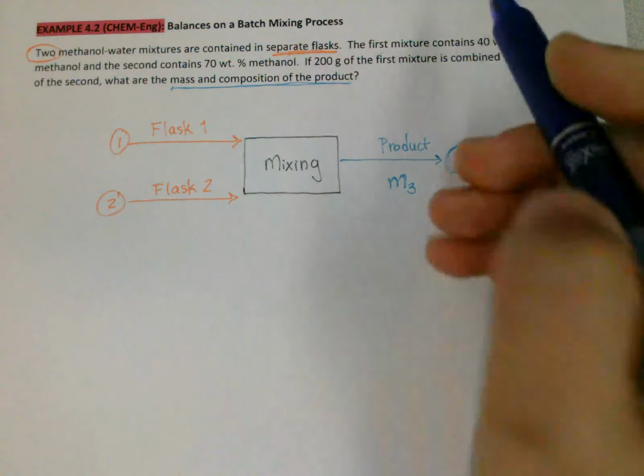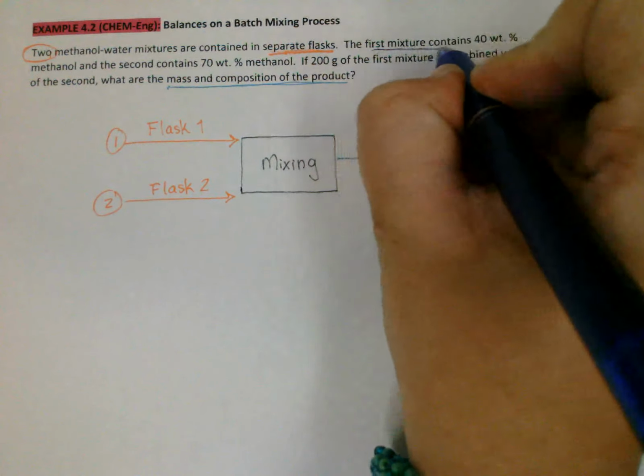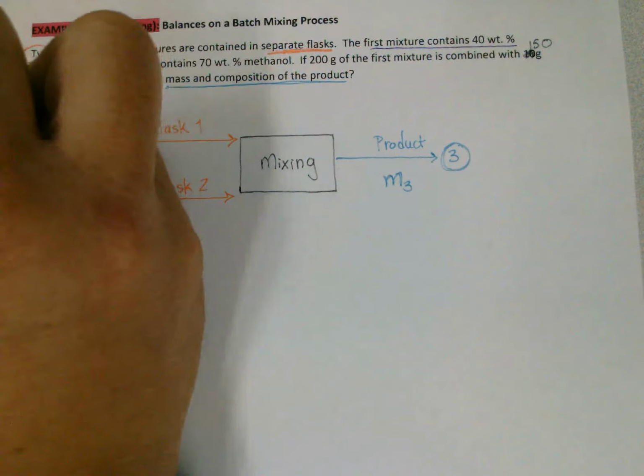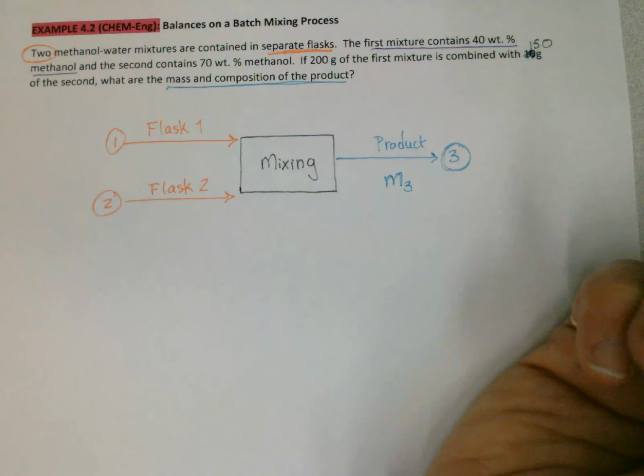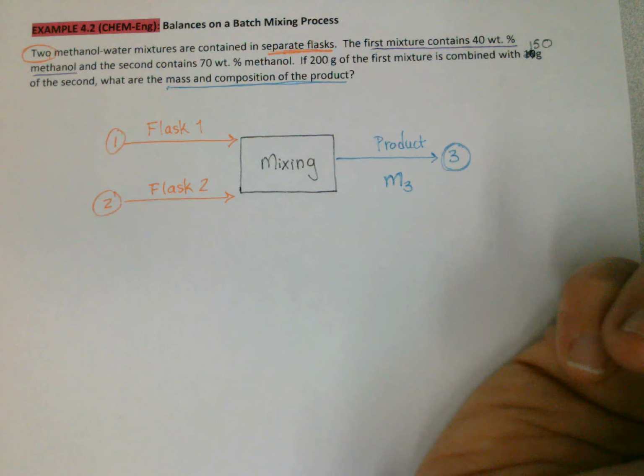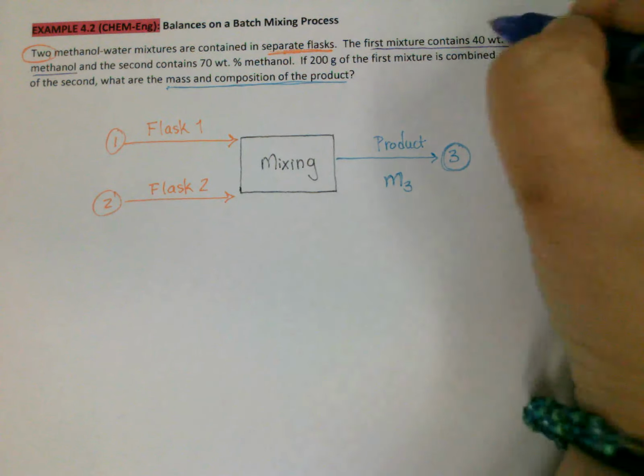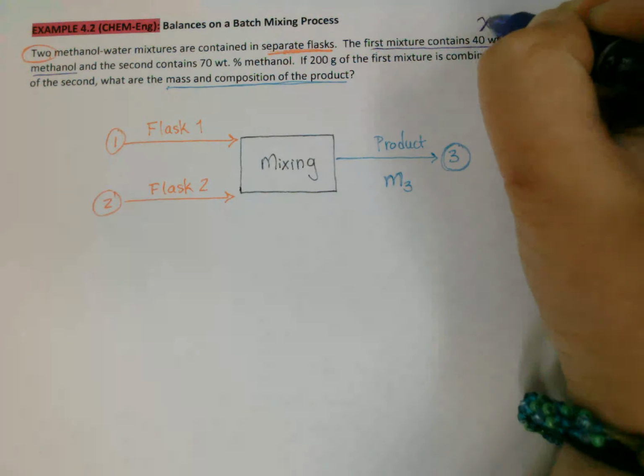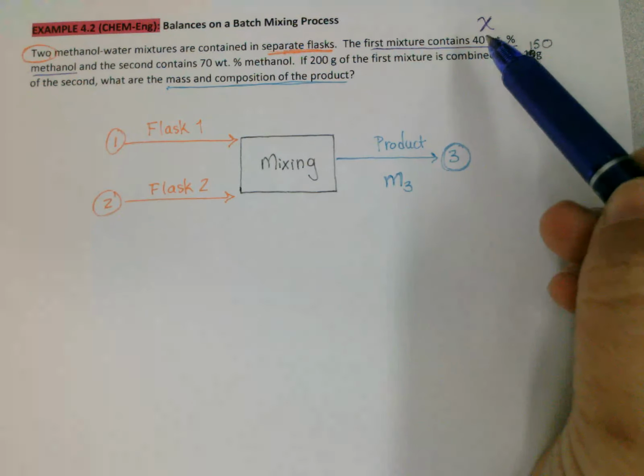Okay, so the first mixture contains 40% by weight methanol. Okay, so what does that mean? Well, that means methanol is 40%. This is related to a mass fraction, right?